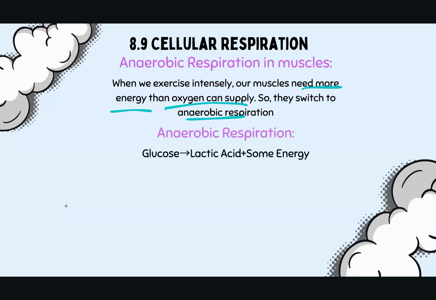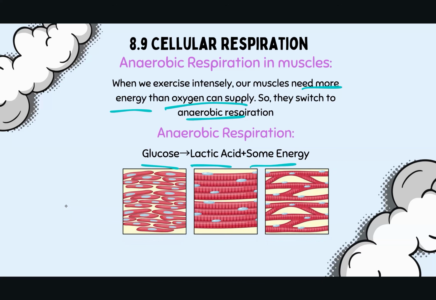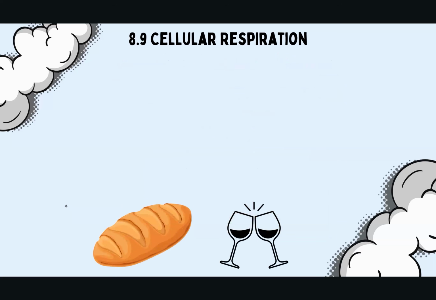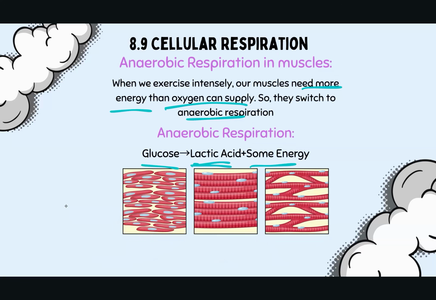Now, in anaerobic respiration, glucose is converted into lactic acid and some energy. But the lactic acid is an acid at the end of the day. It can cause some of the cells to start denaturing.